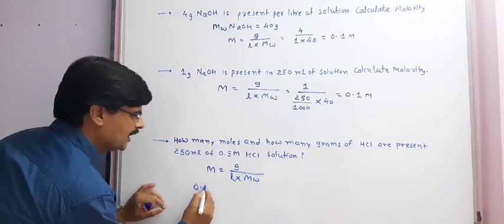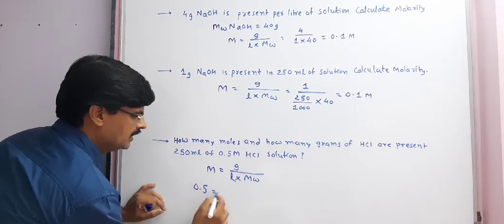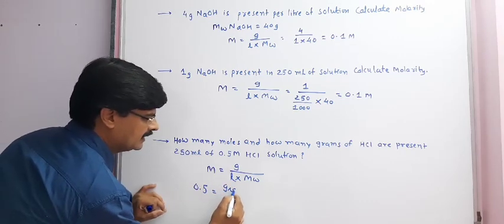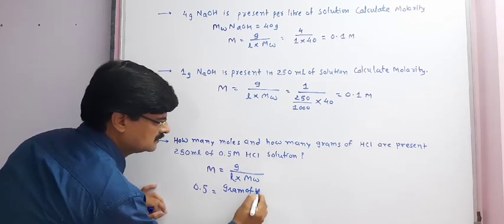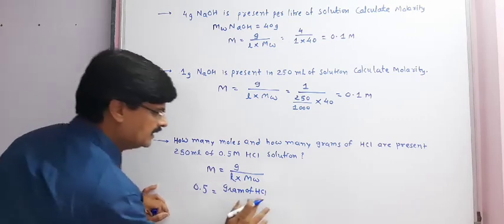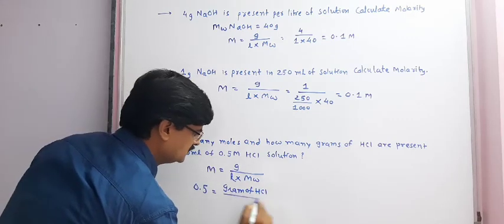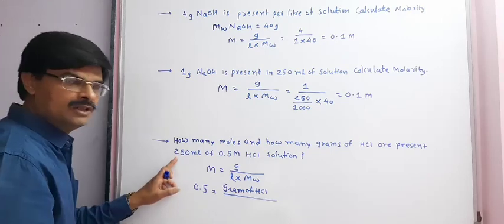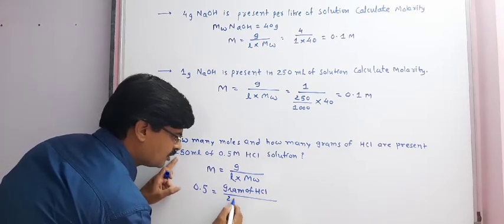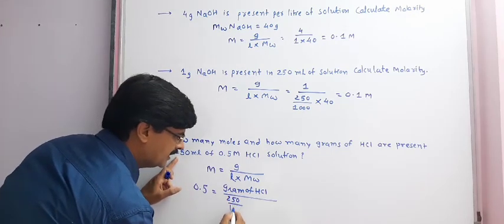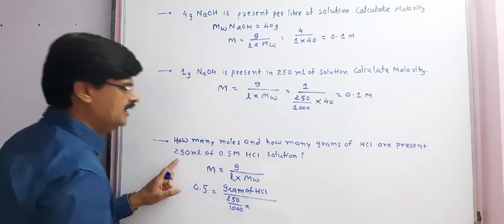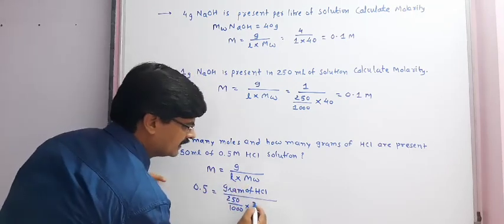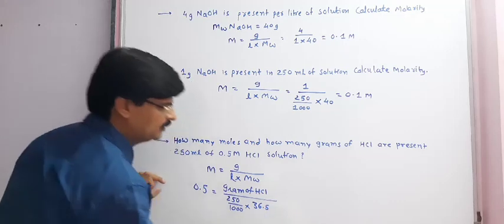Molarity is given 0.5 is equal to gram of HCl divided by liter. Here it is given 250, means 250 divided by 1000 into molecular weight of HCl 36.5.